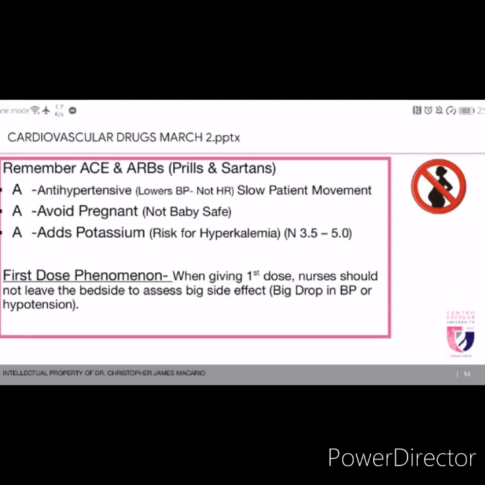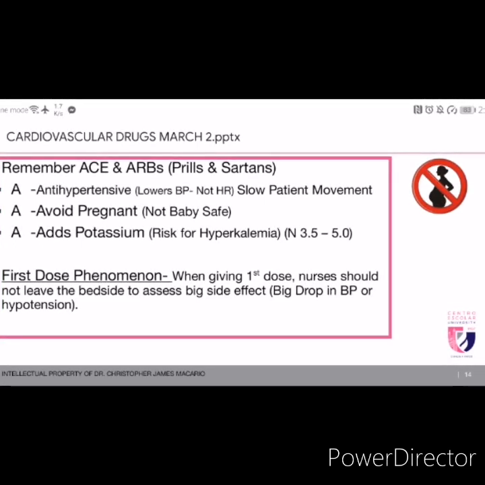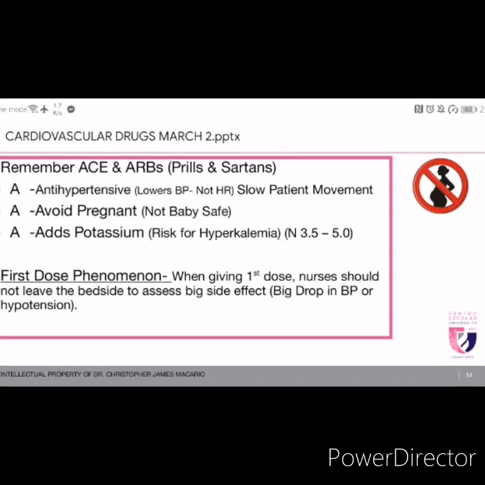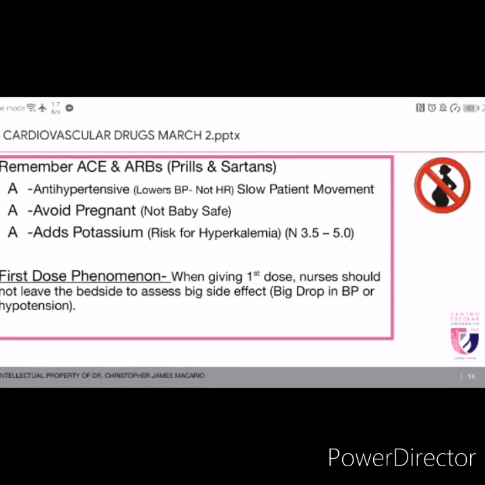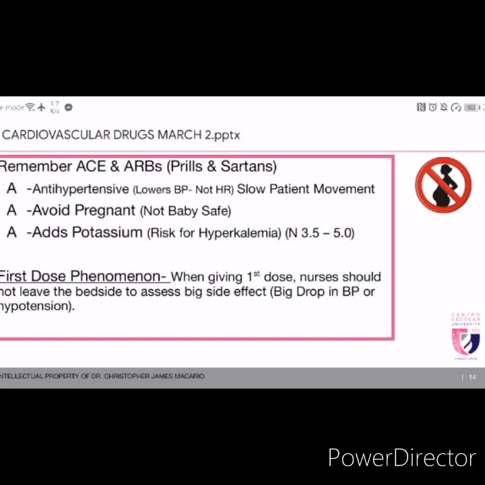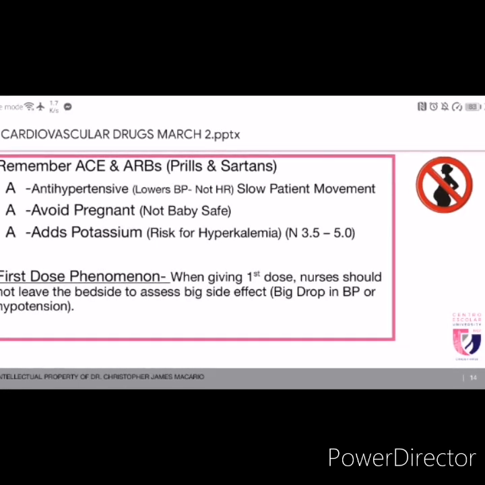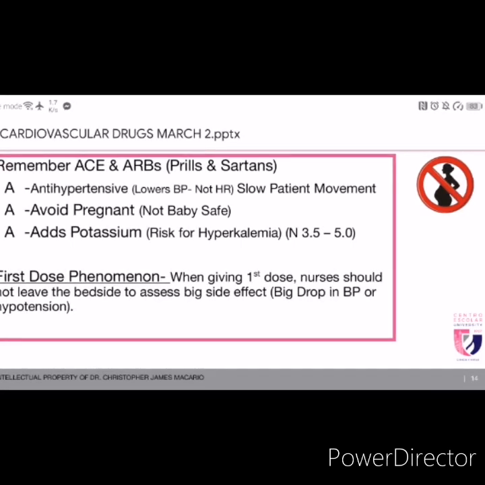Nagkakaroon sila sometimes yung sinasabi nating orthostatic effect. Kasi nga bumaba yung BP, usually nahihilo sila. And so, you have to tell the patient, dahan-dahan lang po sa paggalaw kasi baka himatayin sila because of the decreased blood pressure. A, avoid for pregnant, meaning it's not baby safe, and it adds potassium.